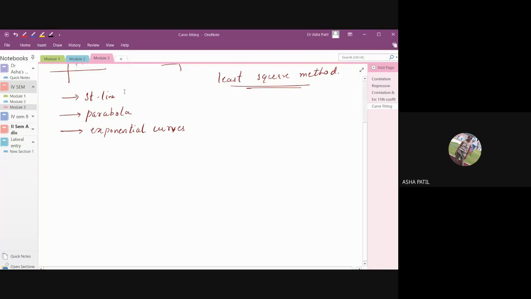What is the general equation of a straight line? Y equal to mx plus c. General equation I am asking. Is it a general equation?